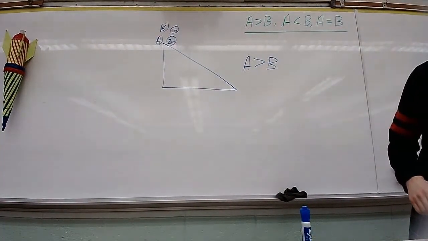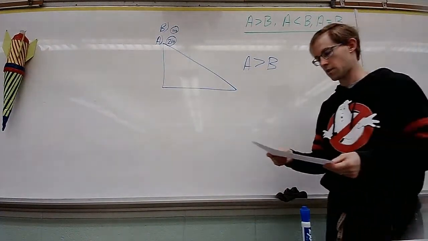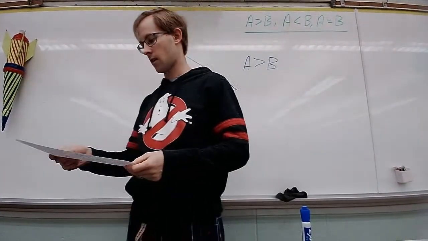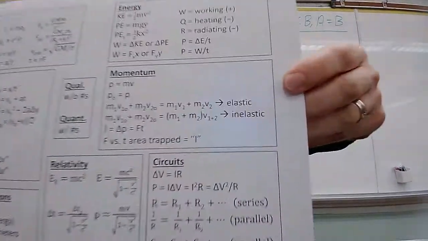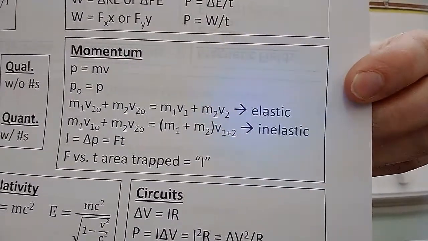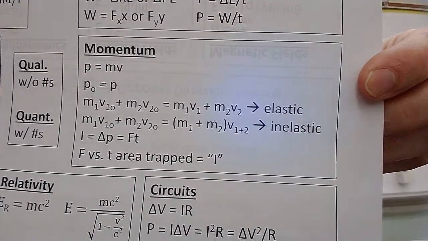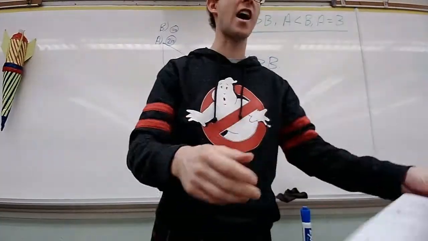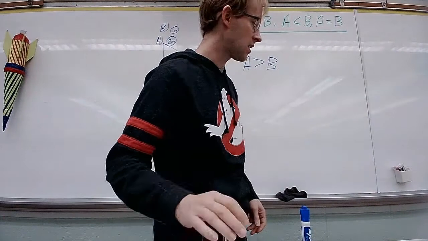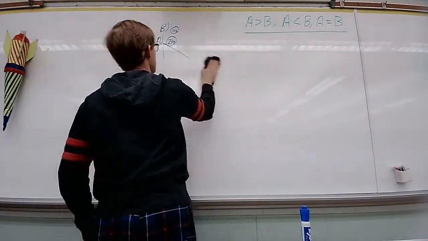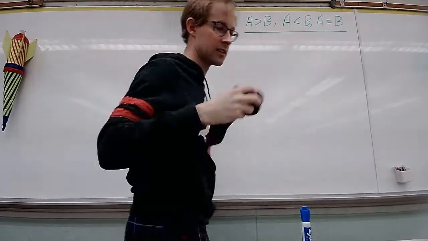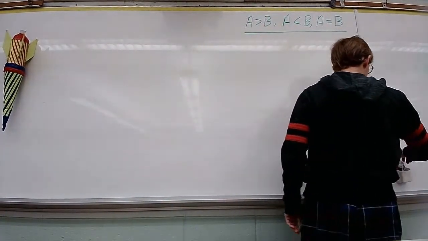So the next example, if you've got your formula sheets out, go to the motion box and look at the very, very bottom of the motion box. It says F versus T, area trapped, equals I. You need to know that because there may or may not be a force versus time graph on the test.